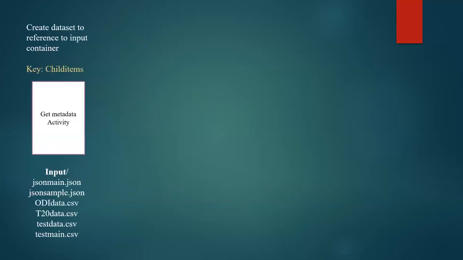So let us say I'm having an input folder in my source. Let us say my source is a blob storage. Blob storage contains all these file names: JSON main.json, JSON sample.json, ODI data, T20 data, test main. So like this, I'm having all these files in my input.